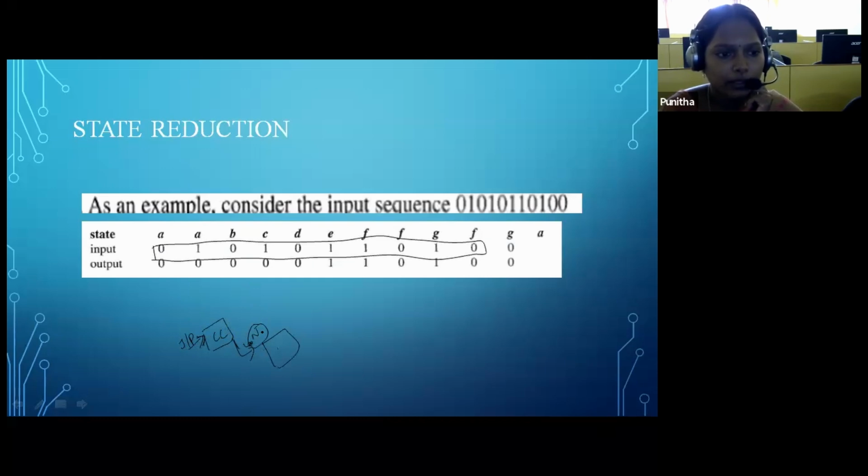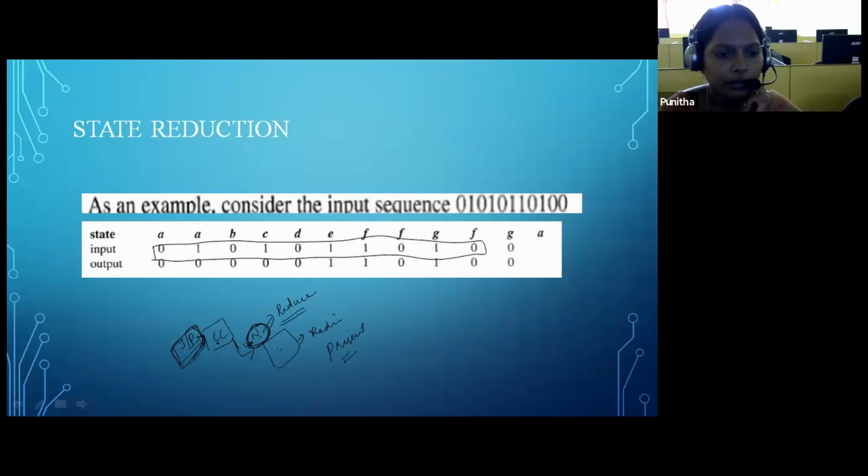That state only I am going to reduce. If I send the reduced state into the flip-flop, obviously the reduced present state may occur. In this sense, with this input, I am going to reduce the next state.